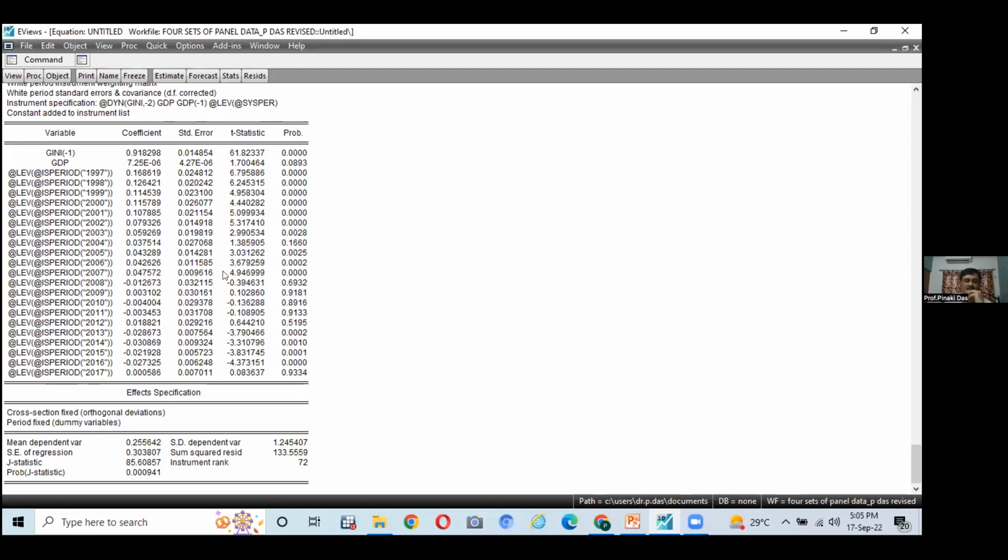As in our simple regression model, if the F test is statistically significant in the classical linear regression model, then we call the model a good fit at 1%. Similarly, in the dynamic panel data regression model, if the J statistic or J test is statistically significant, then we can say that the model is a good fit at 1%. Okay, this is all about the estimation of the dynamic panel data regression model.